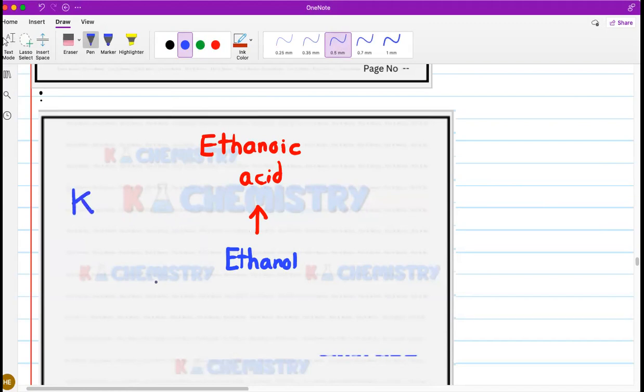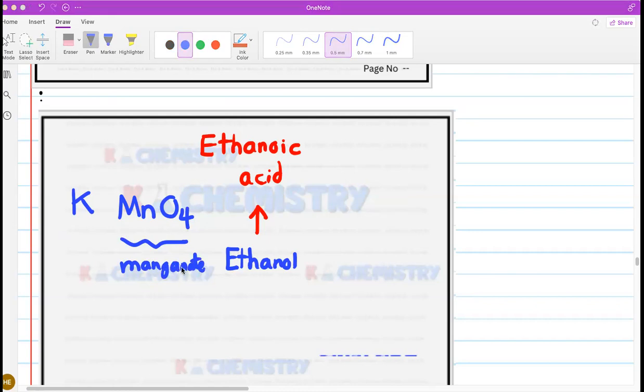This is K, potassium. This is manganese. When you put O4, that's called manganate or permanganate or manganate 7.